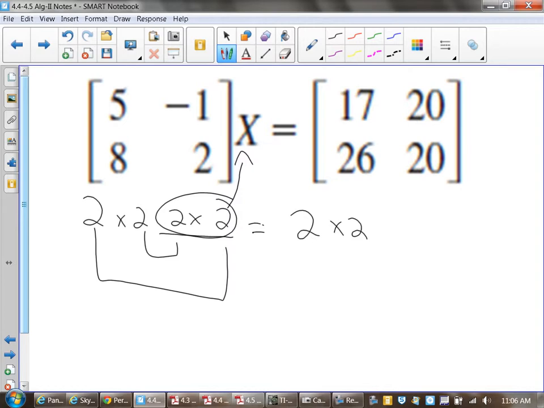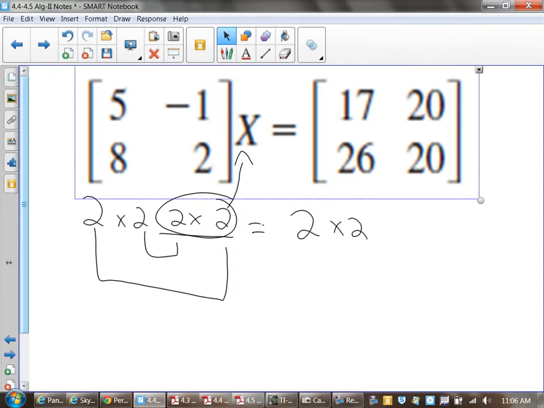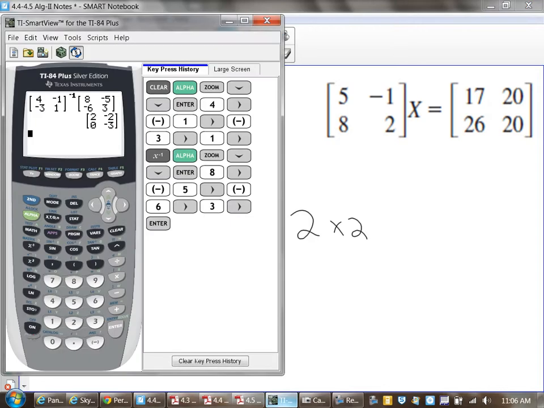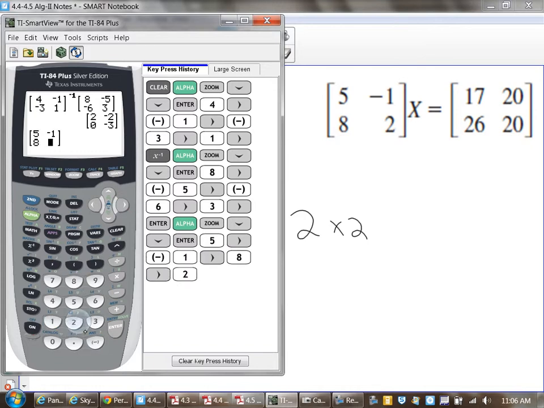And we do that via the calculator. That's why I wanted to show you that sometimes you're going to get funny looking numbers. Let me move this over so I can put it up on the screen. So alpha, zoom, 2 by 2. 5, -1, 8, 2.